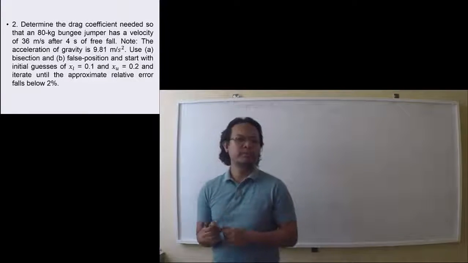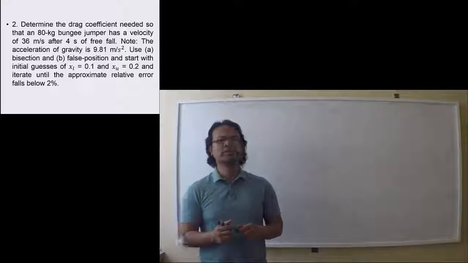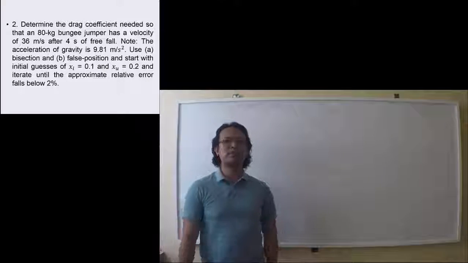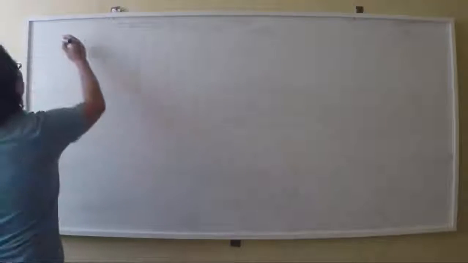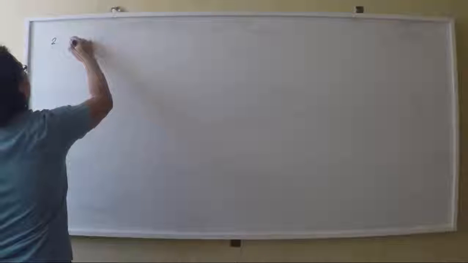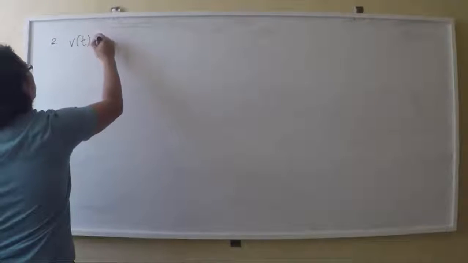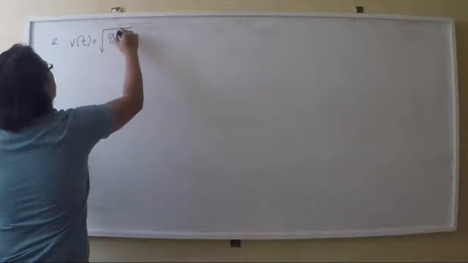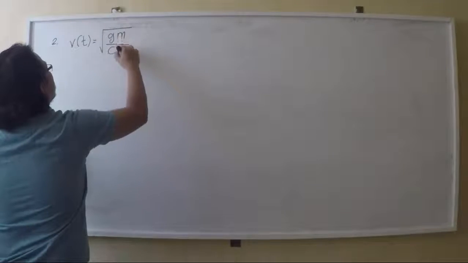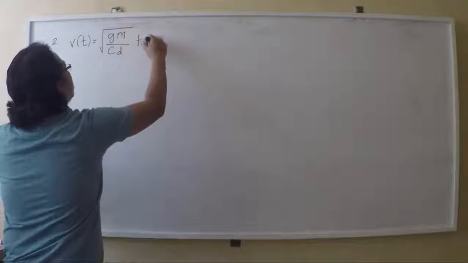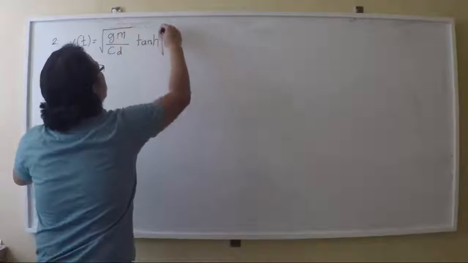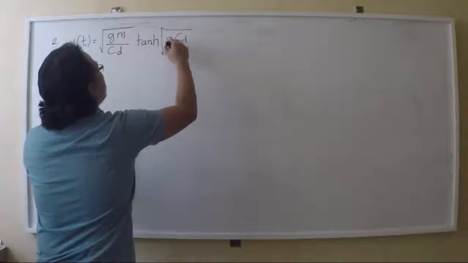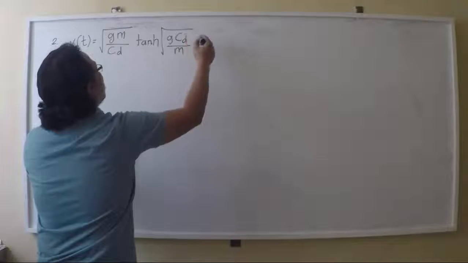Okay, so I don't want to go into details with the derivation of that equation, but if you could remember, the equation for this problem is something like this. Velocity is equal to the square root of g m over the drag coefficient times the hyperbolic tangent of the square root of g cd over m, and then multiplied by t.